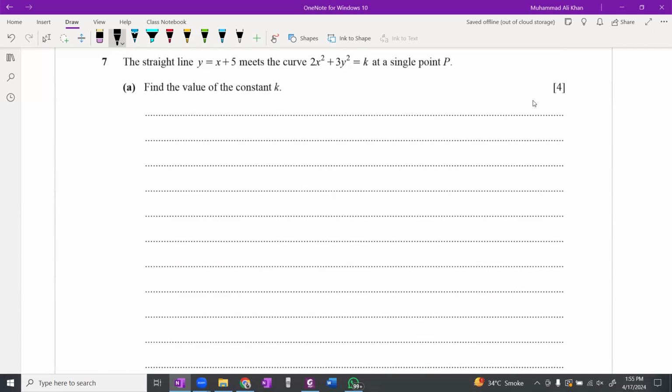So for the discriminant, make an equation in terms of x only. So 2x squared plus 3, and in place of y, just write (x plus 5) whole squared equals k.